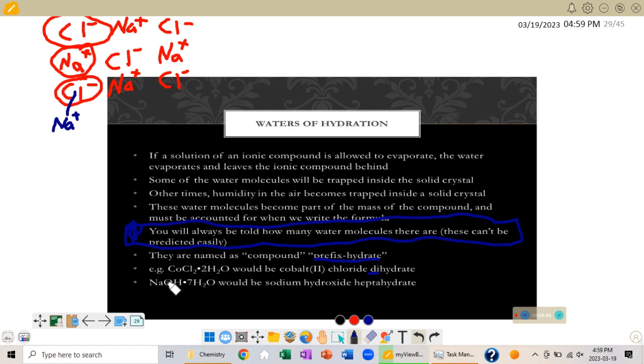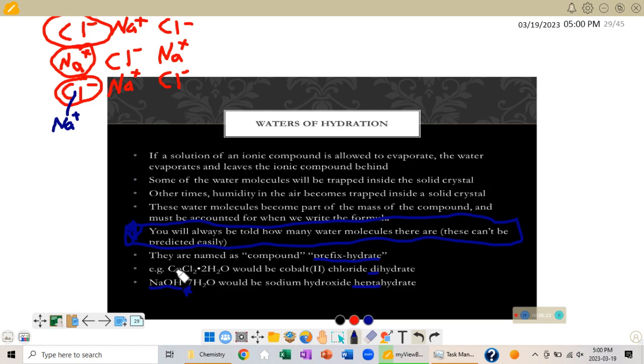If I have NaOH, sodium, then I find OH. Oh, that one's not on my periodic table. And then I go, oh yeah, wait a minute, that is one of my polyatomic ions. So that's going to be sodium, and I find OH is hydroxide, and then there's 7 waters. I'm going to name this as sodium hydroxide, and then I find the prefix for 7, which is hepta. So this is sodium hydroxide heptahydrate.